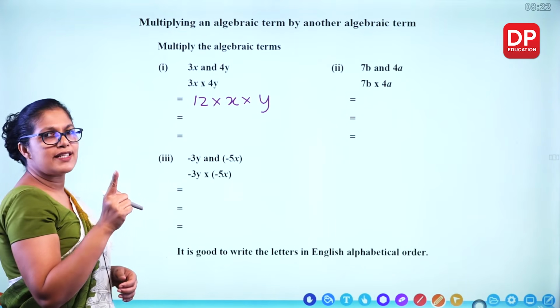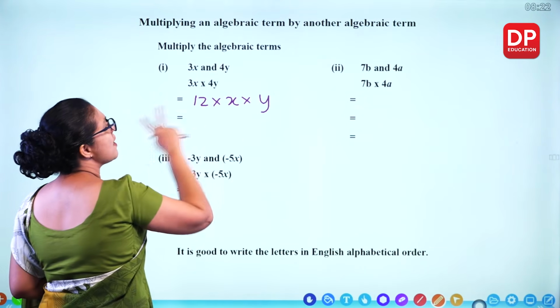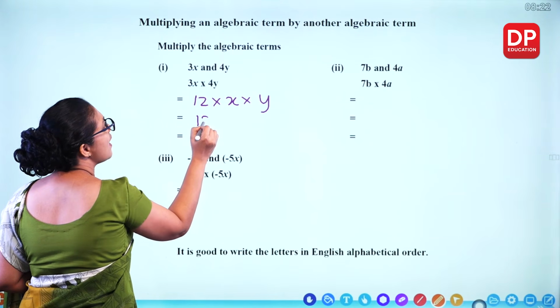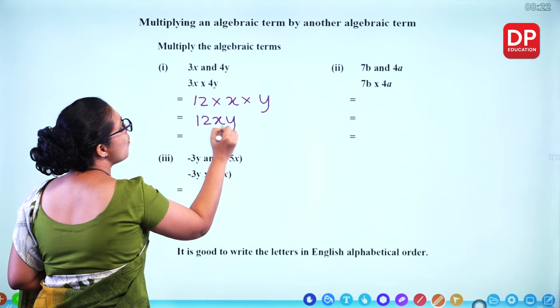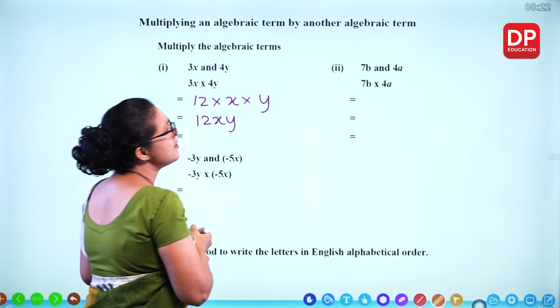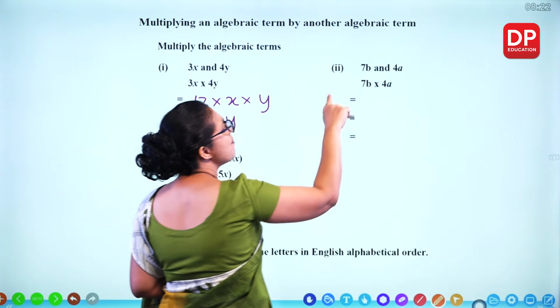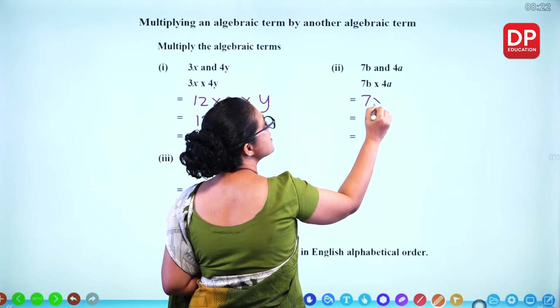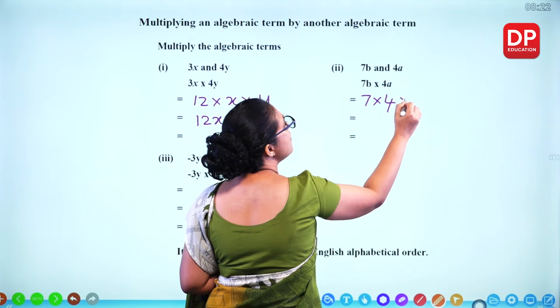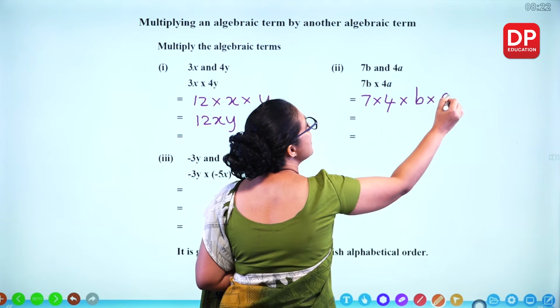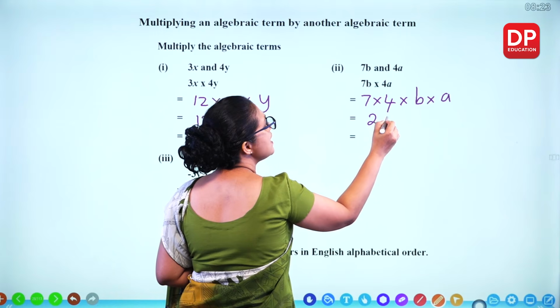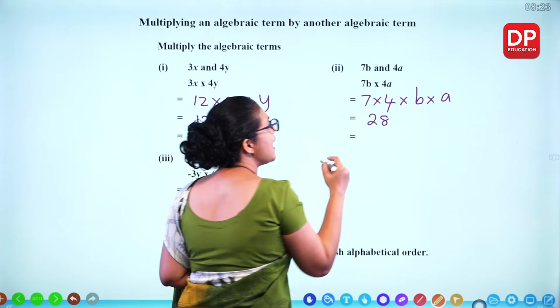Without writing the multiplication sign, we can write 12xy. This one, multiplication, 7b into 4a. We can multiply separately the numbers, 7 times 4, and then b a. 7 times 4, 28, ba.